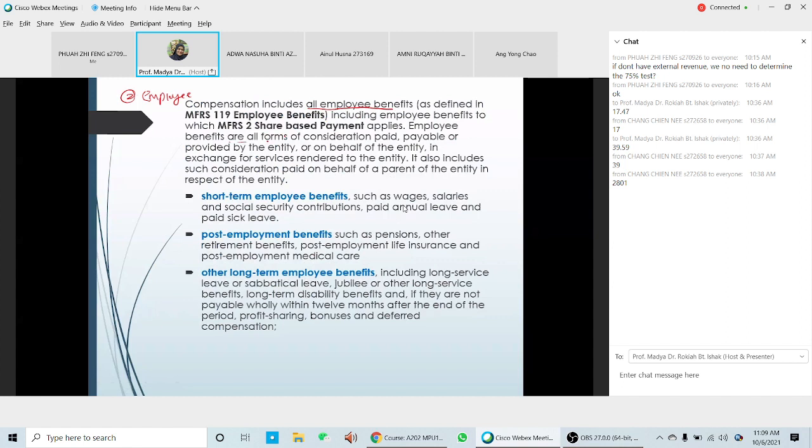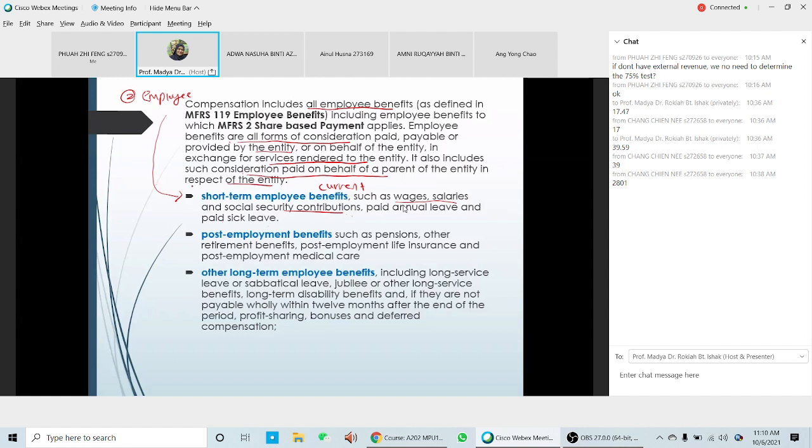Employee benefits are all forms of consideration paid, payable or provided by the entity, or on behalf of the entity, in exchange for service rendered to the entity, and it also includes such consideration paid on behalf of the parent of the entity in respect of the entity. So for employees, there is short-term employee benefit. This is provided to current employees. Current employees are entitled to wages, salaries, and social security contributions, so EPF. Okay, so here annual paid leave and paid sick leave.